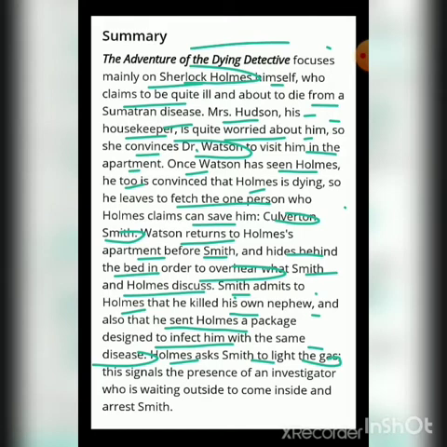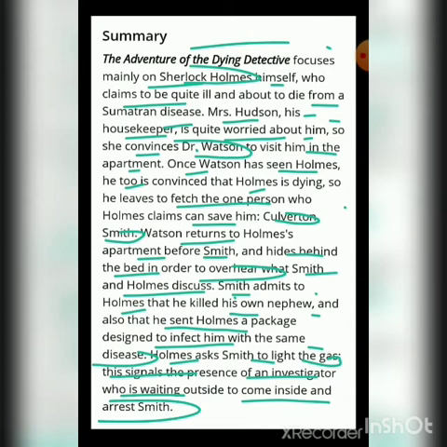This will signal the presence of an investigator who's waiting outside to come inside and arrest Smith. So this was a pre-planned action; we can say it was all the planning of Holmes and Dr. Watson. When Smith comes into the house, he's going to say certain things, admit what he has done to Holmes and his nephew as well.